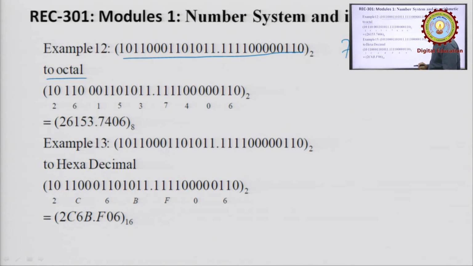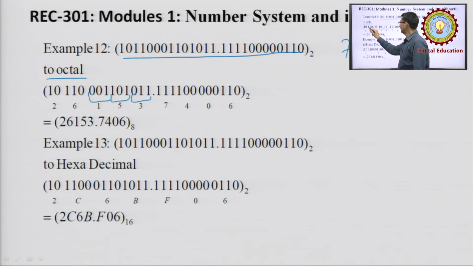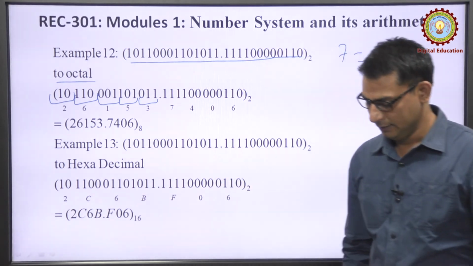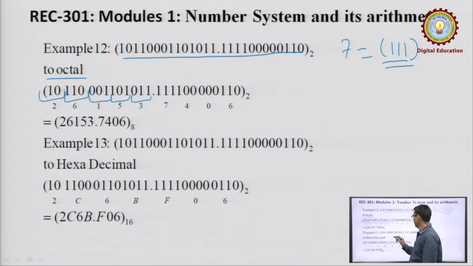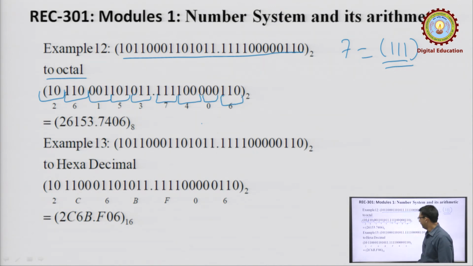We will make groups of 3 bits. So, we will start from here, these are 3, these are 3, and whatever remains at the last, we will make one simple group. Similarly, we will start from here, then, and then, okay.